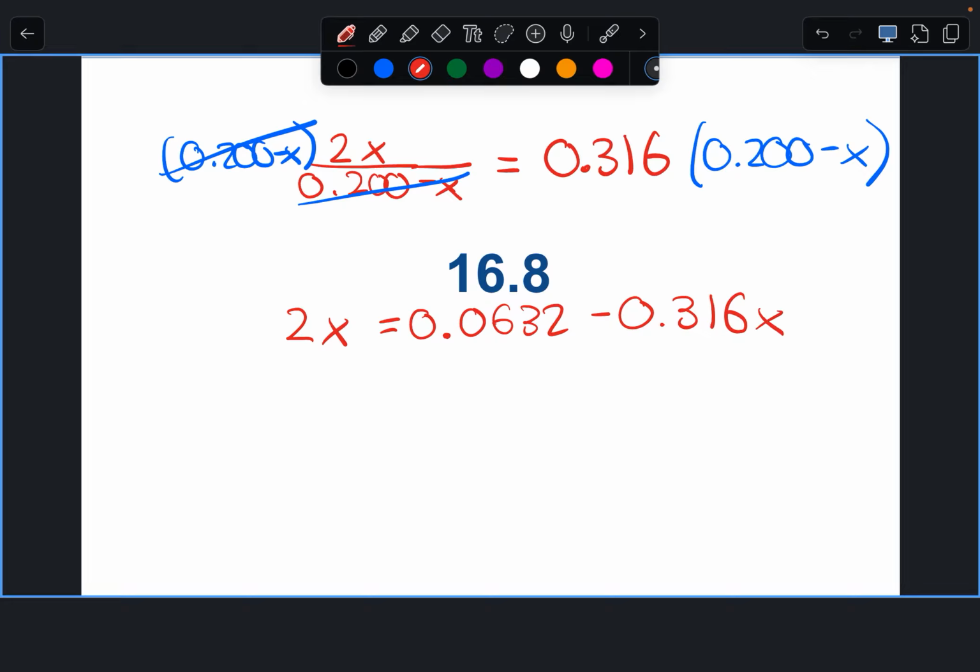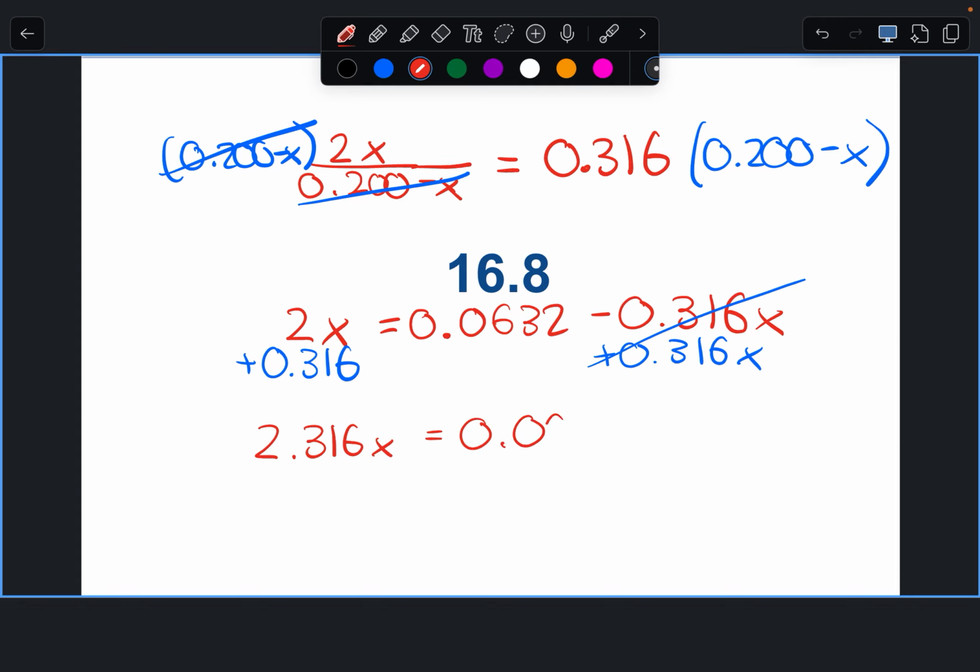Okay, now I'm going to combine like terms and isolate the variable.